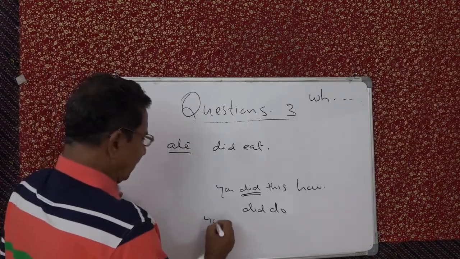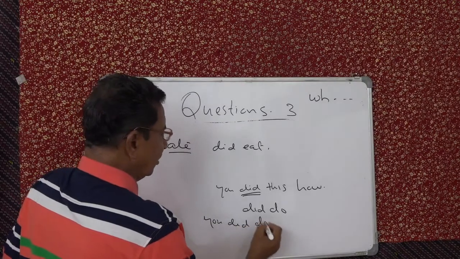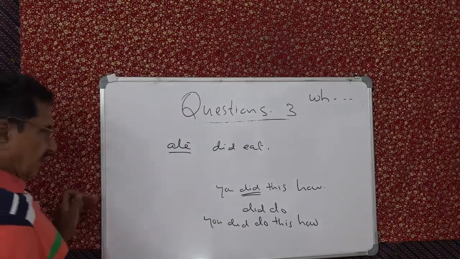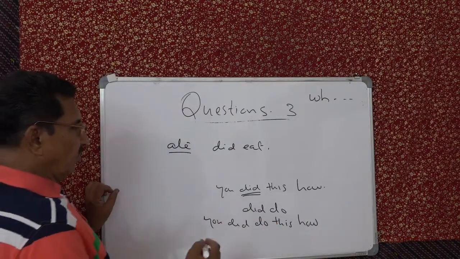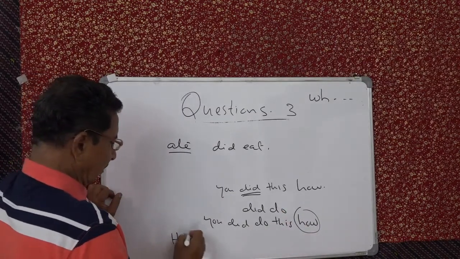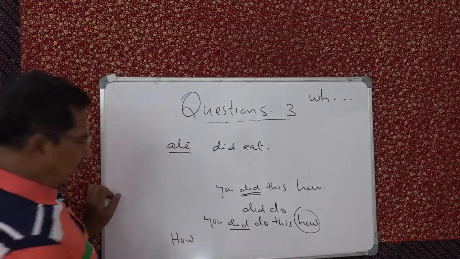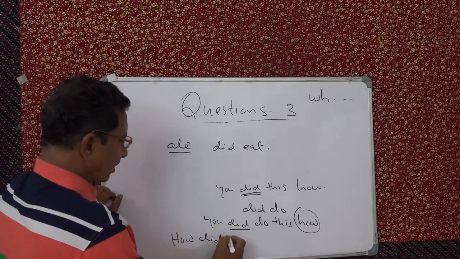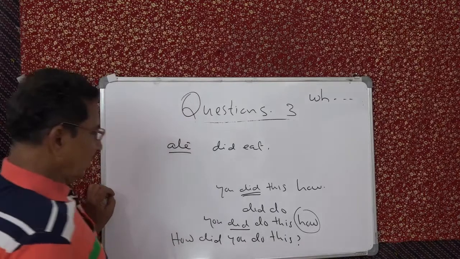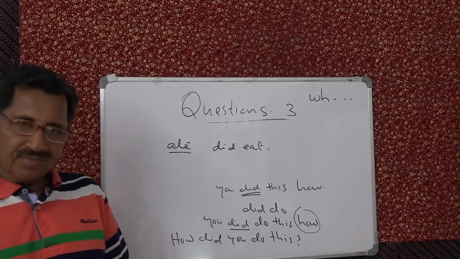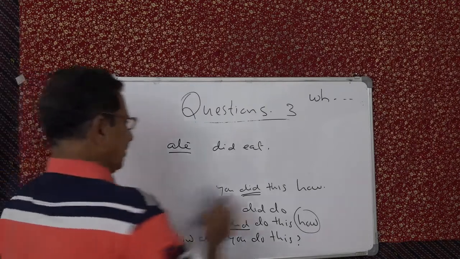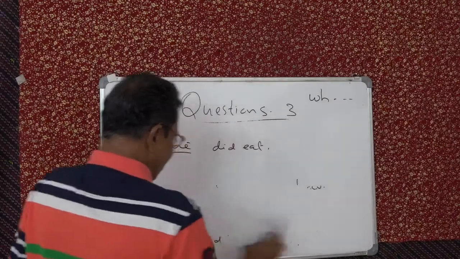So you did do this how? Now what should be our next step? Here is a question word. Bring it here, to the beginning. How. Then the first part of the verb, how did. Subject you, do this. How did you do this? Don't you think it's very simple? Yes. Very good. Now you know this. Okay, let's see one more.